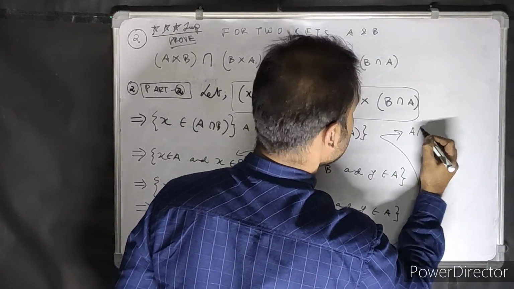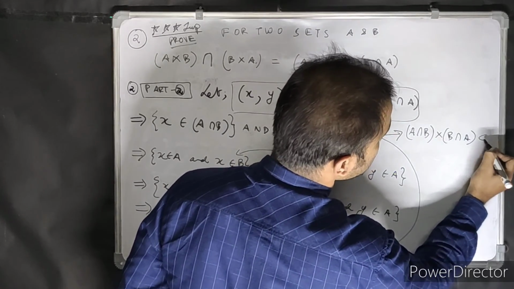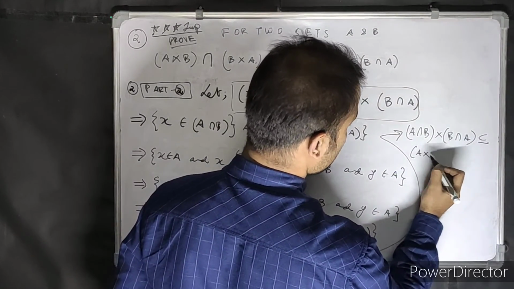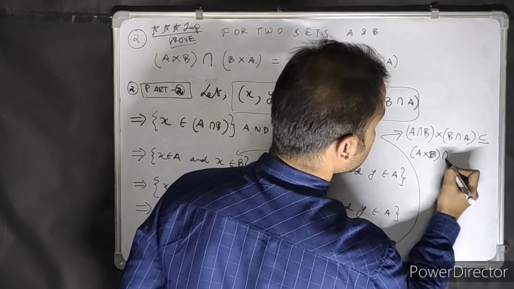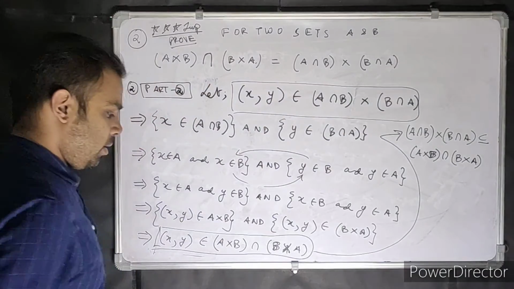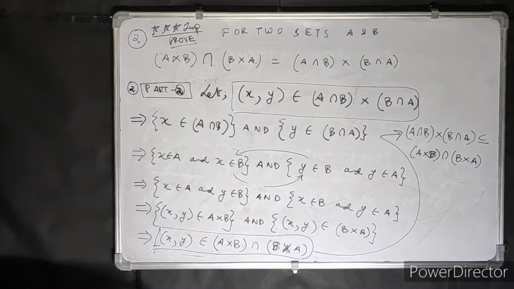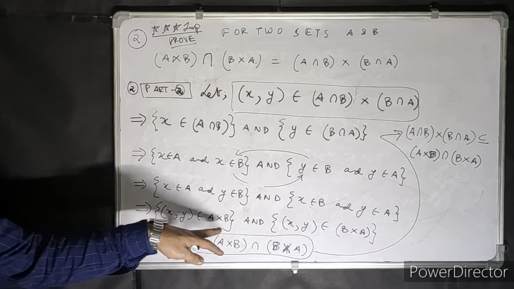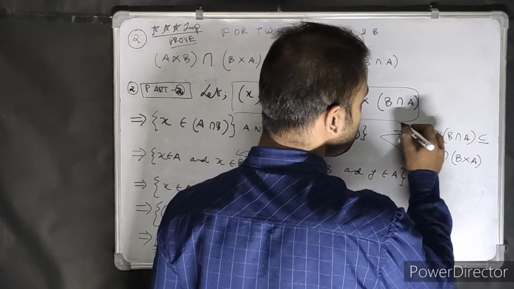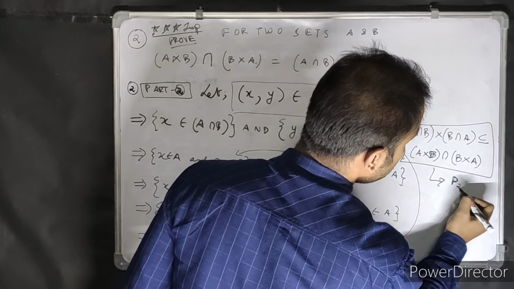So you can write (A intersection B) cross (B intersection A) is a subset of (A cross B) intersection (B cross A). See, proved it. All correctly done. So this is your P2. Everybody, this is your P2.